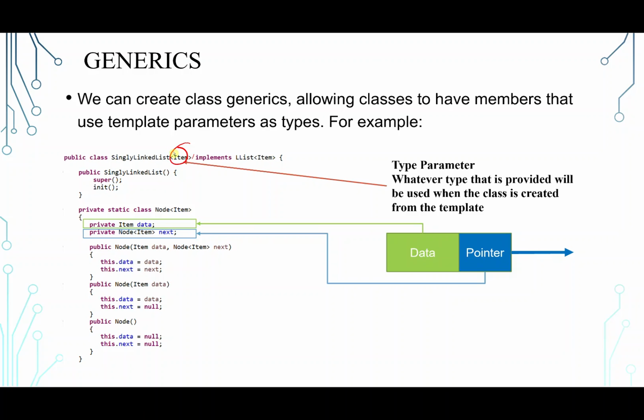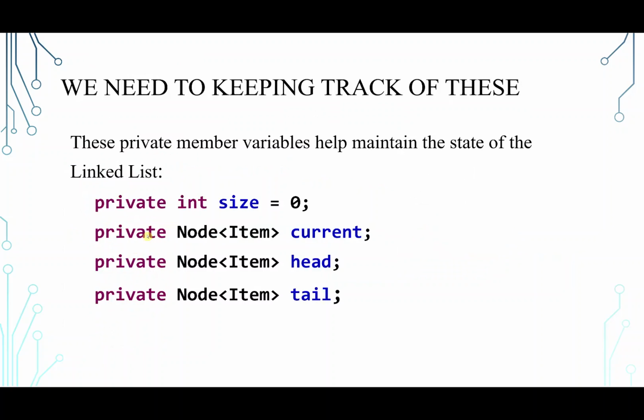So here are the main two things we are going to deal with today. The first one is the data part, and it's going to be of type item, whatever you replace it with, like integer, student, and so on. And the pointer part, the next. Next is a pointer of type Node, as I said, with the self-referential or recursive implementation.